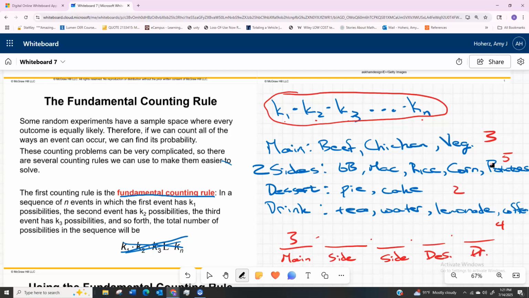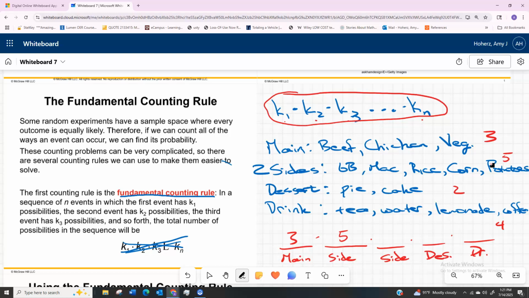For the sides, this is going to be 5 for certain for our first side. Now we have to ask a question: for the second side, can we pick the same thing? Could I say I want 2 servings of mac and cheese? Because who wouldn't want 2 servings of mac and cheese, right? Let's say we're not allowed to pick the same thing.